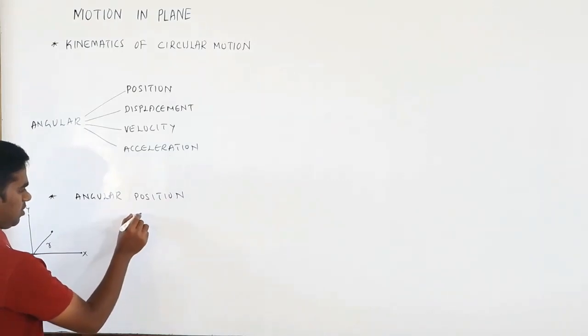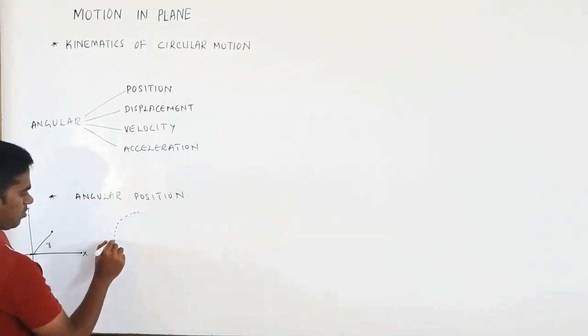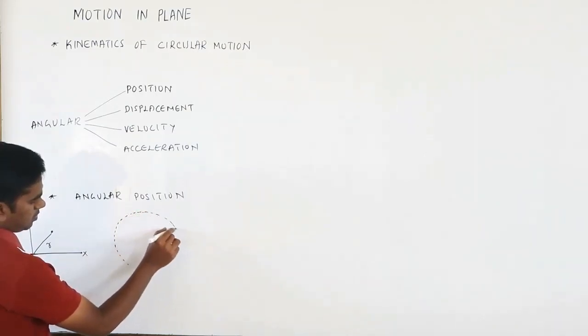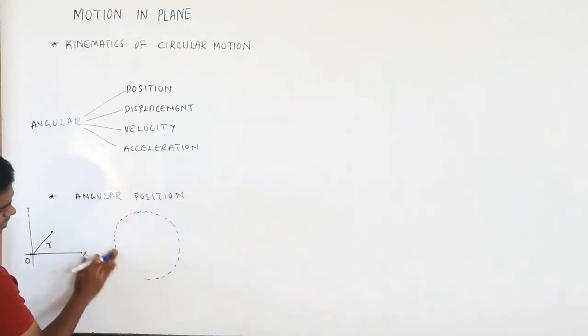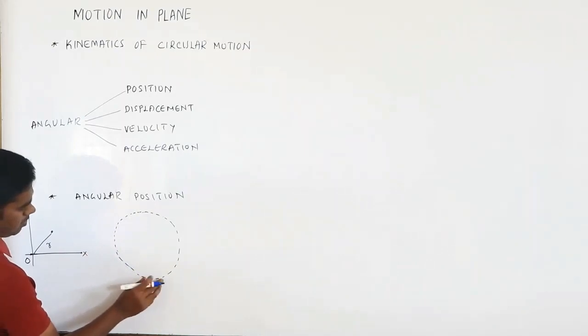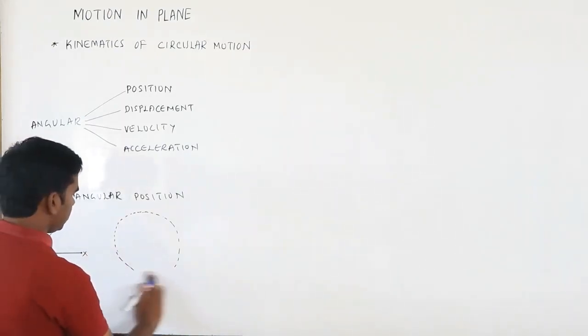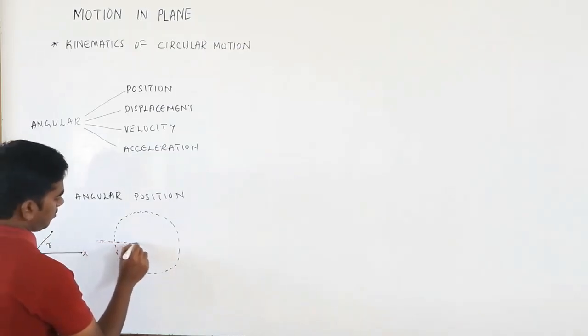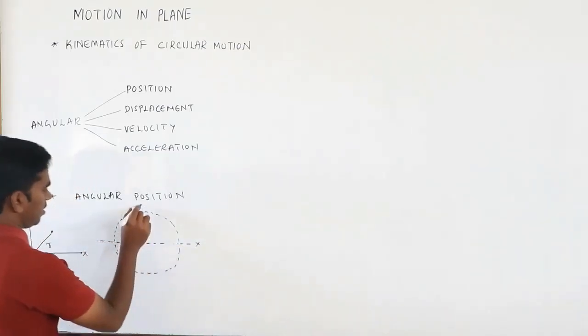Similarly, in case of angular position, what will happen? The object is in circular motion. So here also, suppose we take the x and y axes over here.